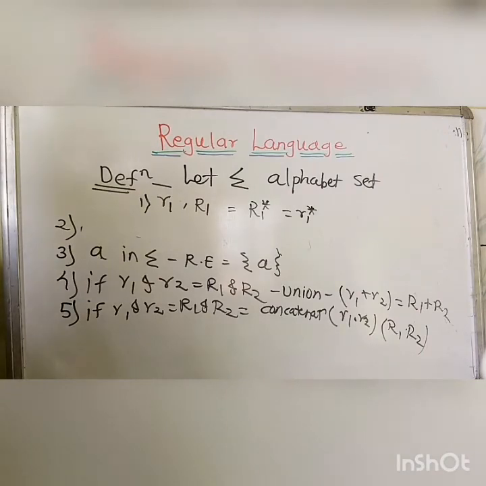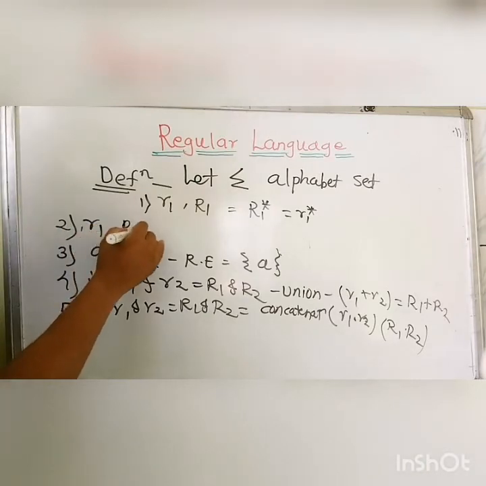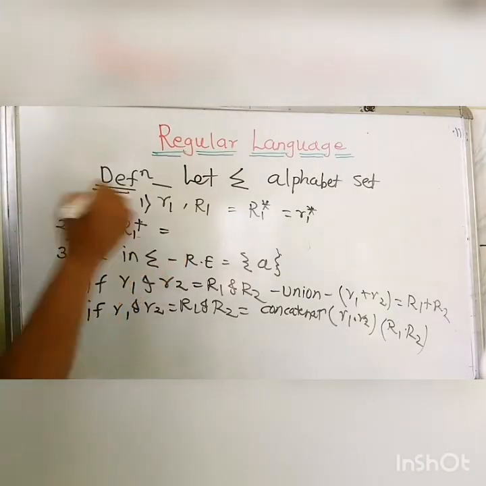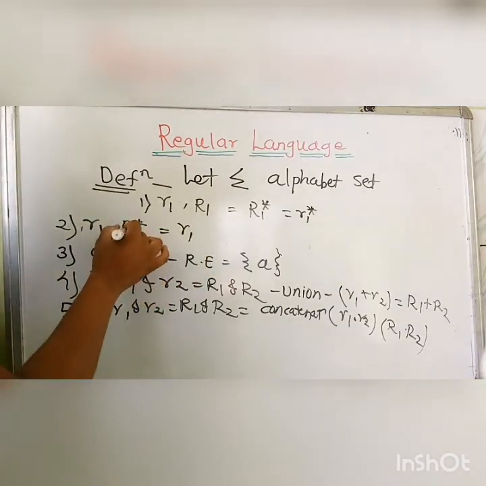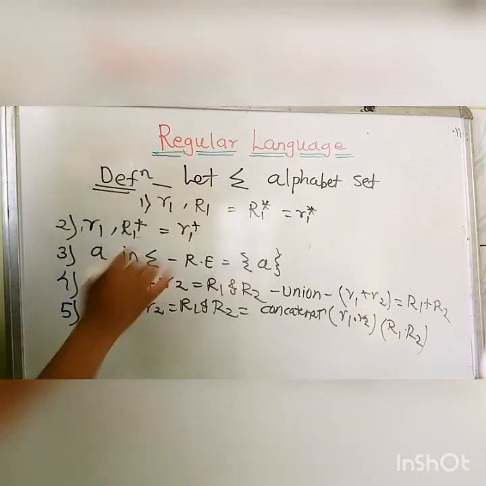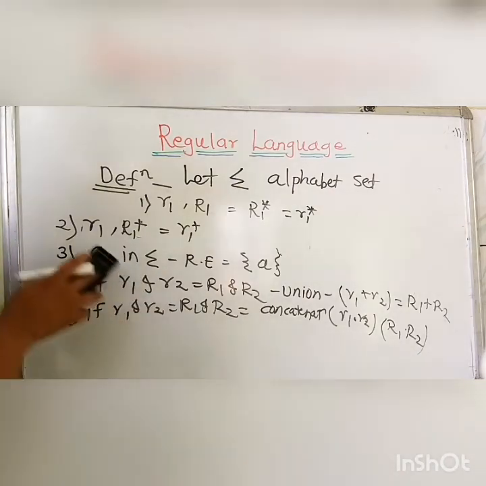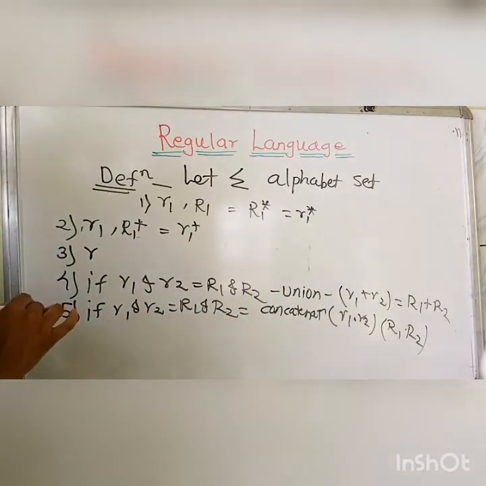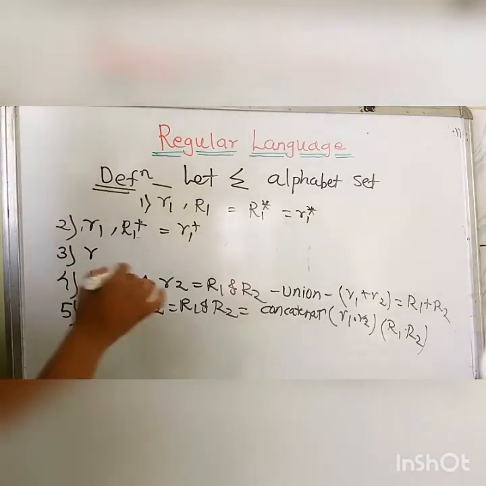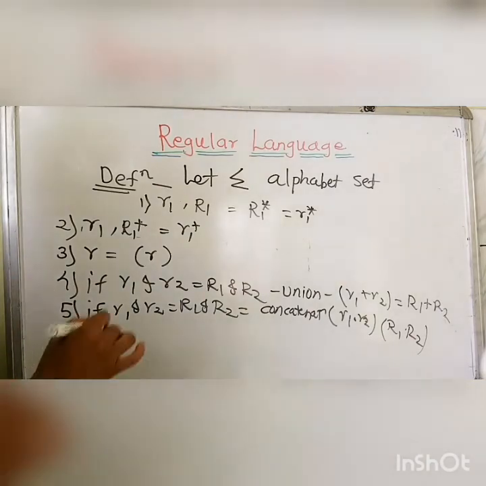Next, if R1 is a regular expression, then R1 plus is a regular language representing the positive closure, and the language represented by this positive closure is also regular, and the expression R1 plus is also regular. Suppose a single R is a regular expression, then the term with brackets containing R is also a regular expression.